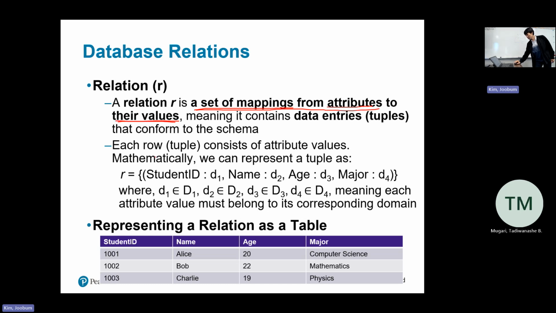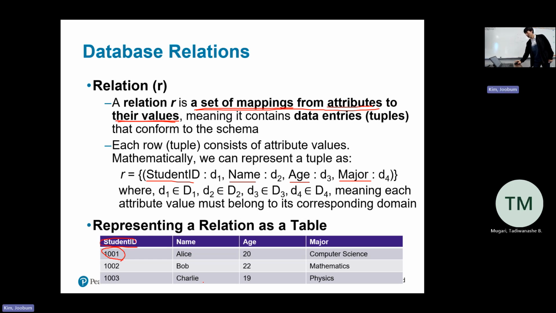So for example, if you have the attributes student ID, name, age, and major, into each column we map the values. In this case, 1001, 1002, 1003 should be mapped to student ID.